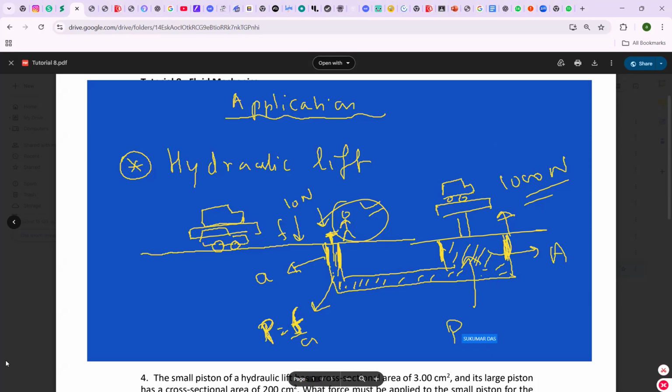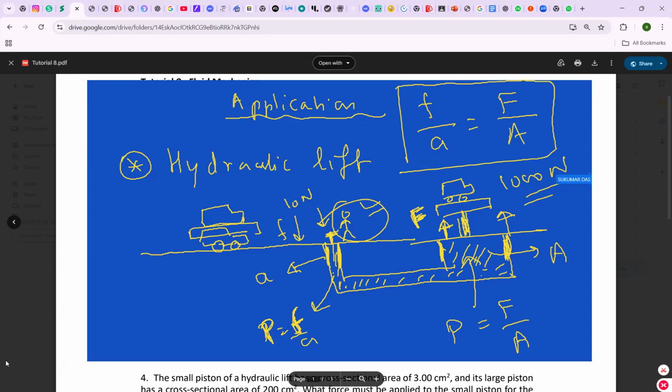So the pressure transmitted to the other side will be capital F by capital A, where capital F is the force with which this piston is moved up. Why have we equated pressure on both sides? Because of Pascal's law. So we can write small f by small a, that is small force by small area of cross section, is equal to bigger force by bigger area of cross section. Now this is called a hydraulic lift.